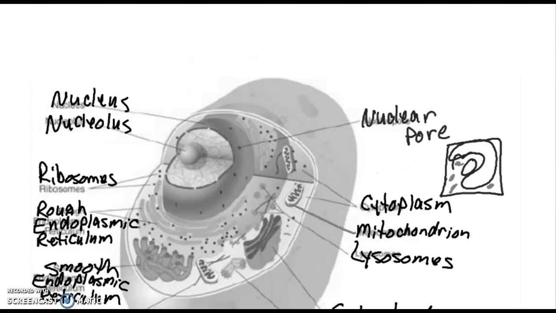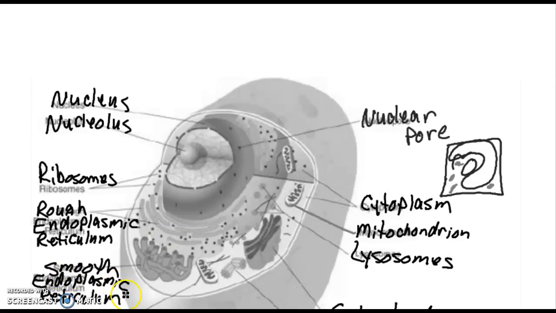Then a quick review of eukaryotic cells, and I'll probably spend a little bit more time on this on Monday as well. But remember, eukaryotic cells have all these fancy organelles that have specific functions. The nucleus is kind of the brain of the cell. Ribosomes make proteins. Rough endoplasmic reticulum transports proteins for export.